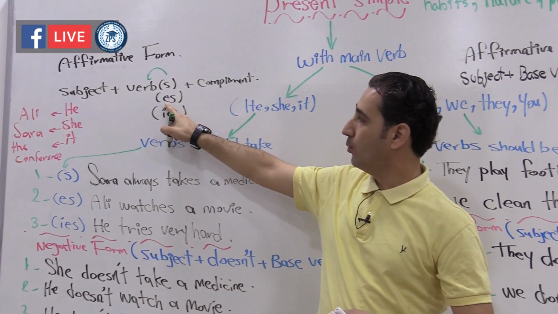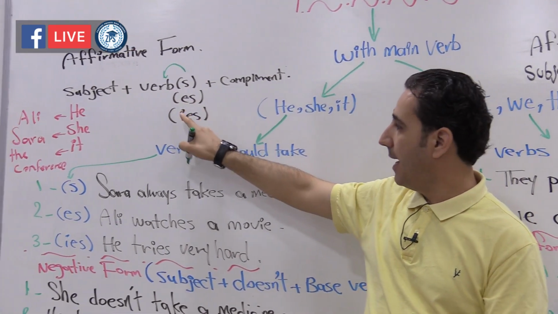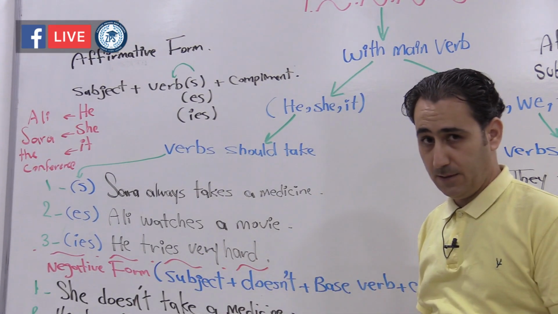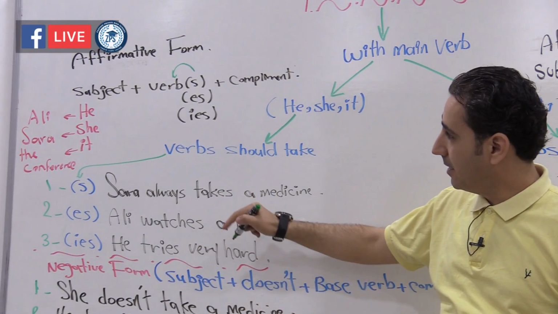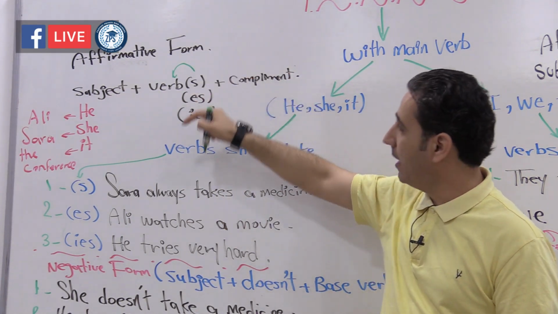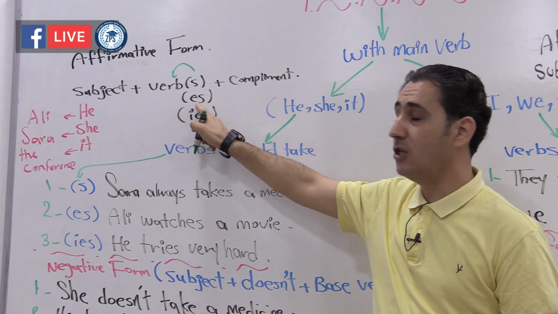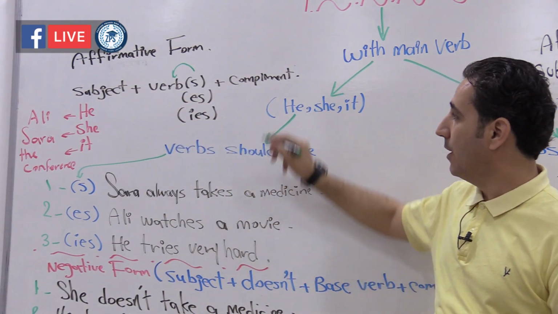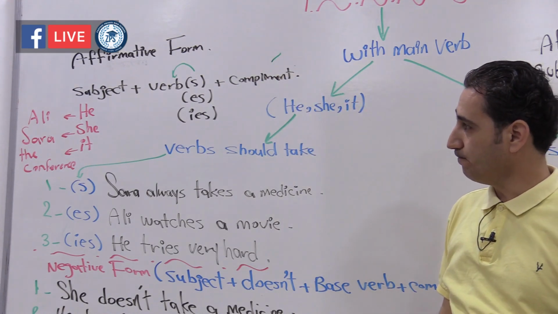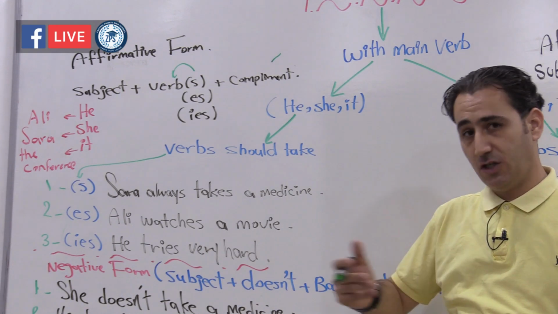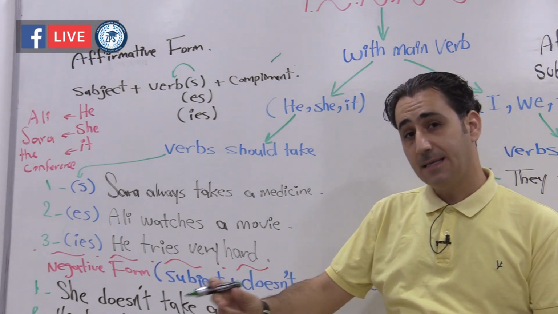And ES with some other verbs, and IES with some more verbs. I will explain later in which kind of verb we can use S, in which kind ES, and in which kind IES. Then the complement, like adverbs or adjectives, comes at the end of the sentence.